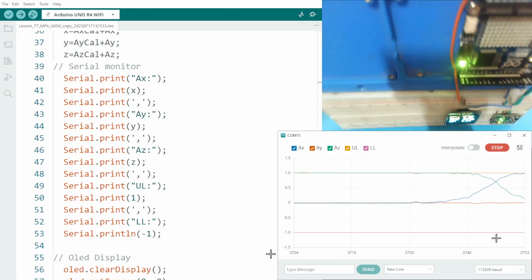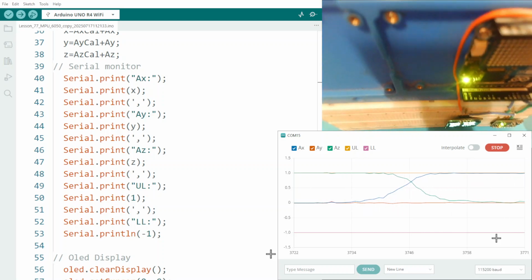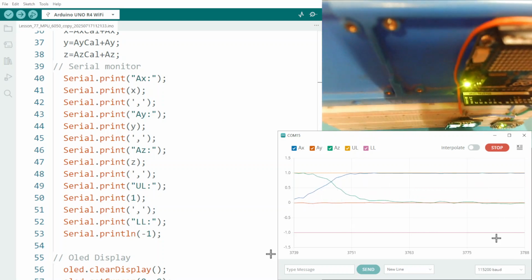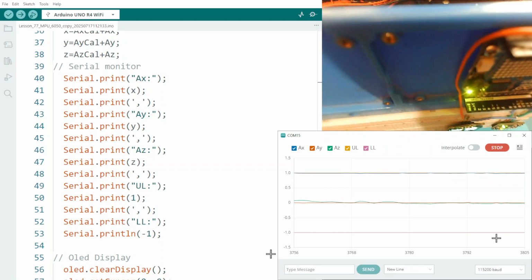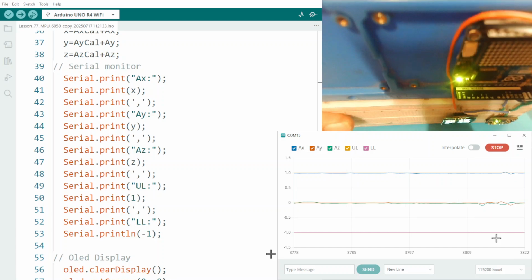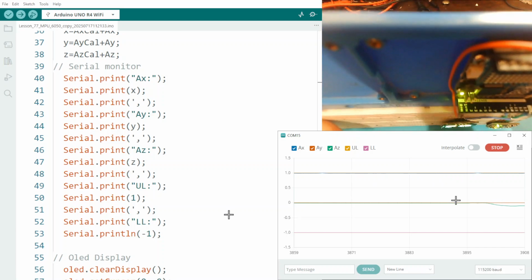So if I bring this guy up to 90 degrees, and I'm using a square to make sure I'm at 90 degrees, let me move it a little bit so I can see which was which.